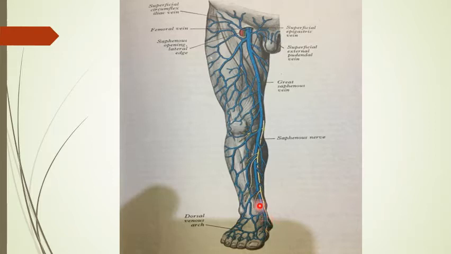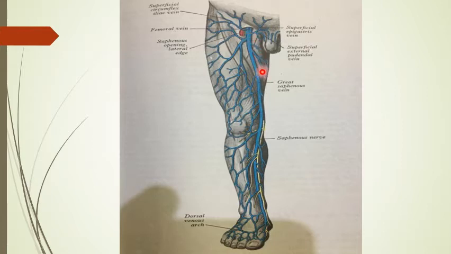Then it passes upward on the tibial side, medially, to the knee joint, slightly behind the knee joint, then it again curves upward medially and continues to the saphenous opening and joins the femoral vein.